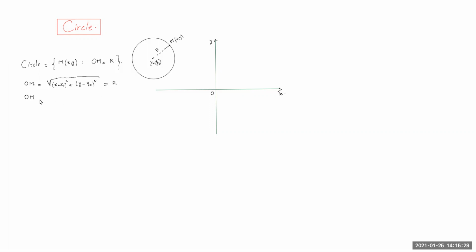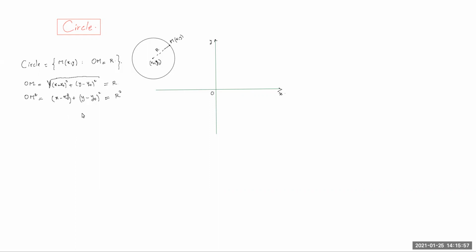So we will consider all possible points such that, if you want to avoid the square root, we can square both sides and get the expression (x minus x0) squared plus (y minus y0) squared equals R squared. And this is what we call the equation of a circle.